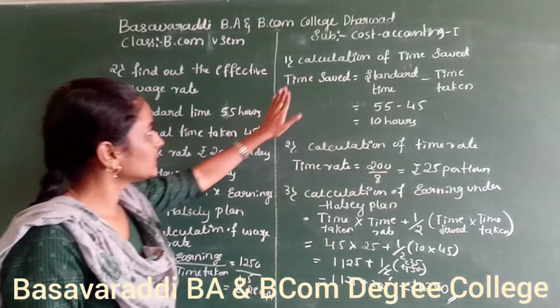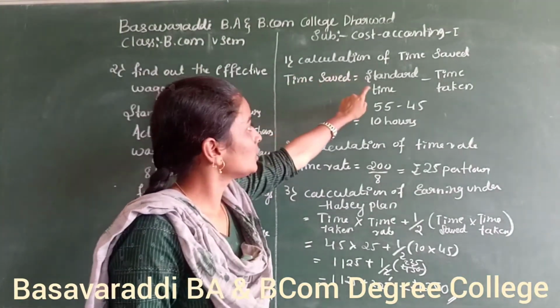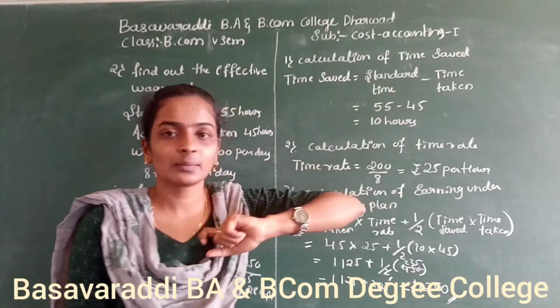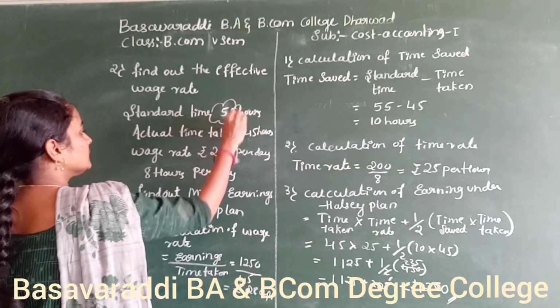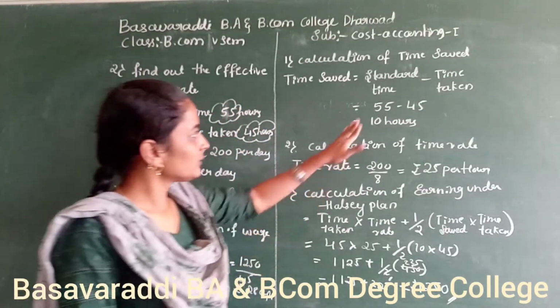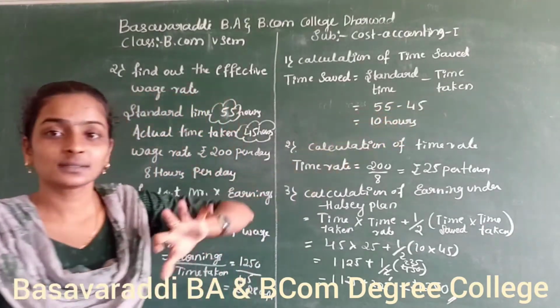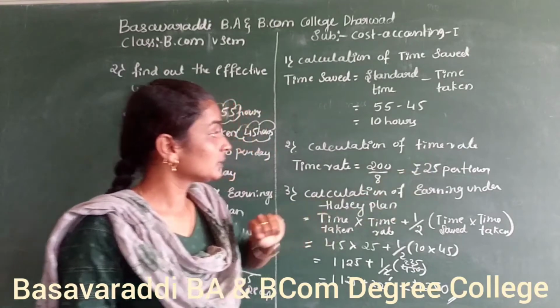Okay, the first one is calculation of time saved. Time saved is equal to standard time minus time taken: 55 minus 45, that is 10 hours. Next, calculation of time rate.